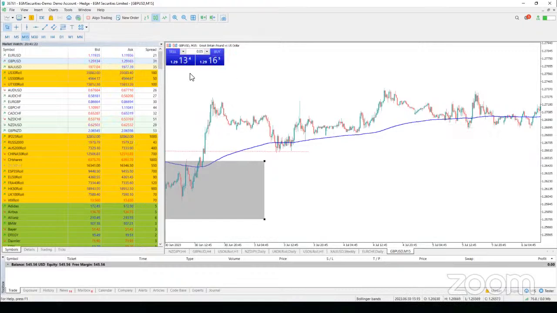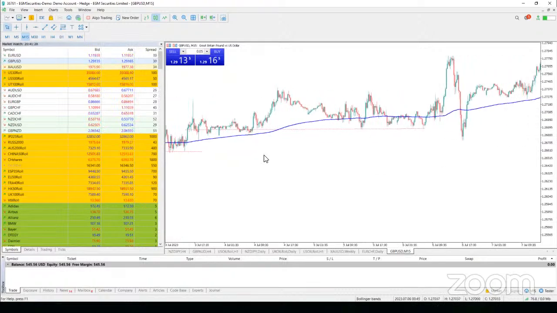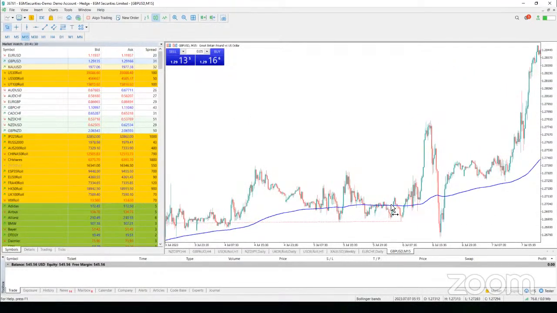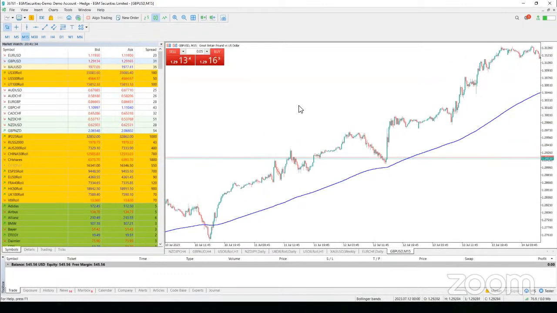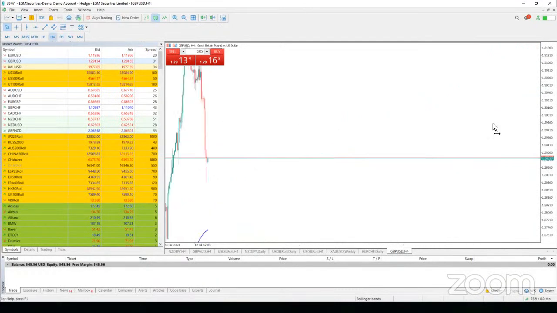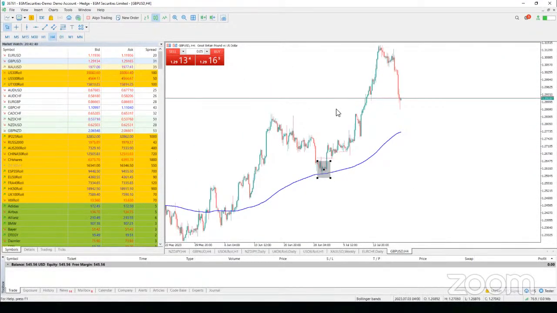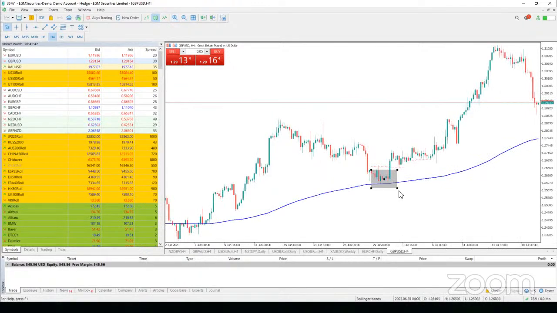And right after that, price never returned lower than that level. A little bit of a sweep here, but the price kept on going higher and higher and higher. That is all from this small session here, where you had the rejection.